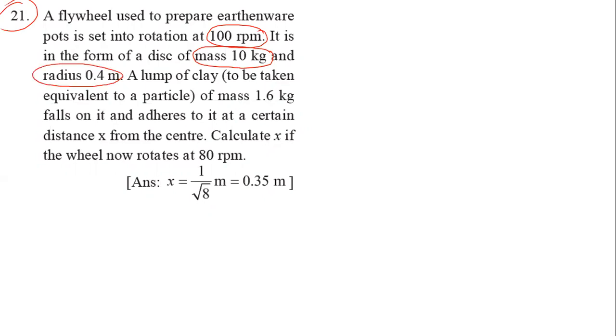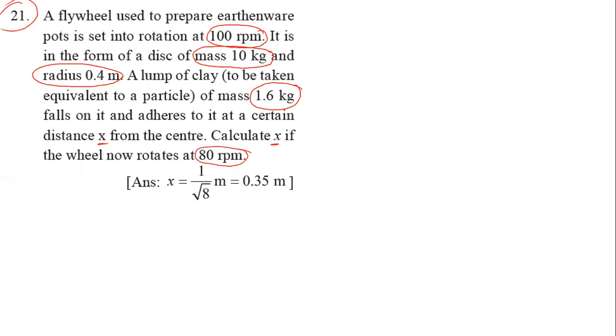A lump of clay, to be taken equivalent to a particle of mass 1.6 kg, falls on it and adheres to it at a certain distance x from the center. Calculate x if the wheel now rotates at 80 rpm.